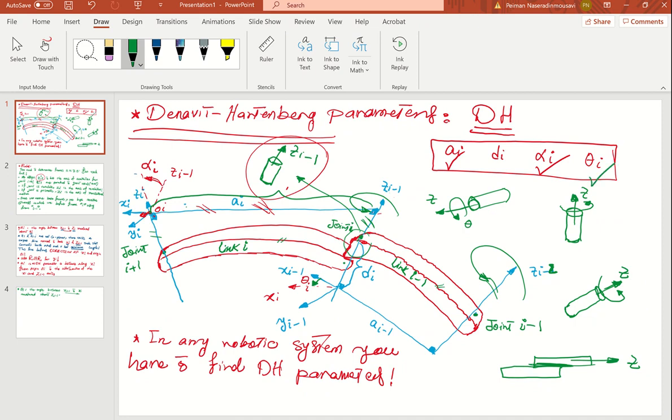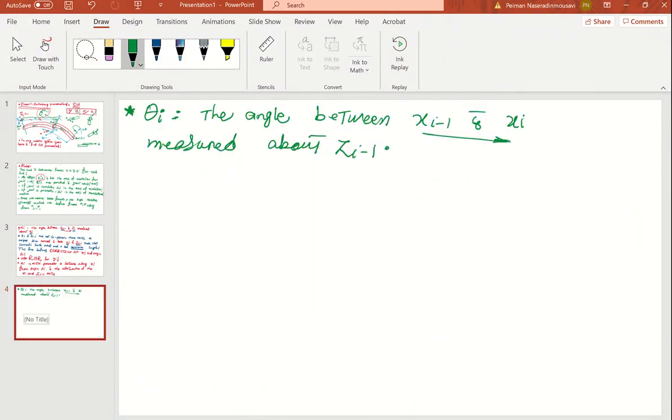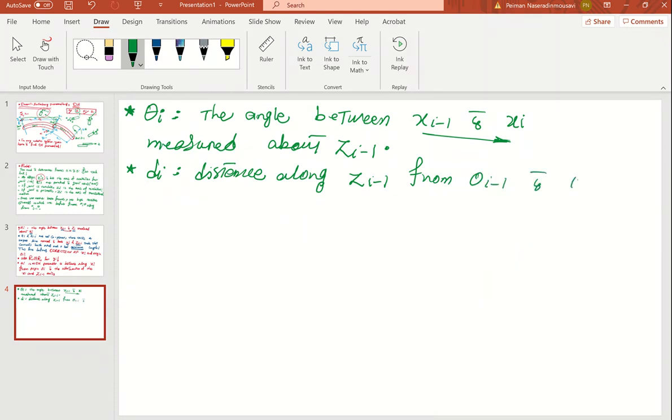Now let us do the fourth, di. di is the distance along axis zi minus 1 from origin OI minus 1 to the intersection of xi and zi minus 1.